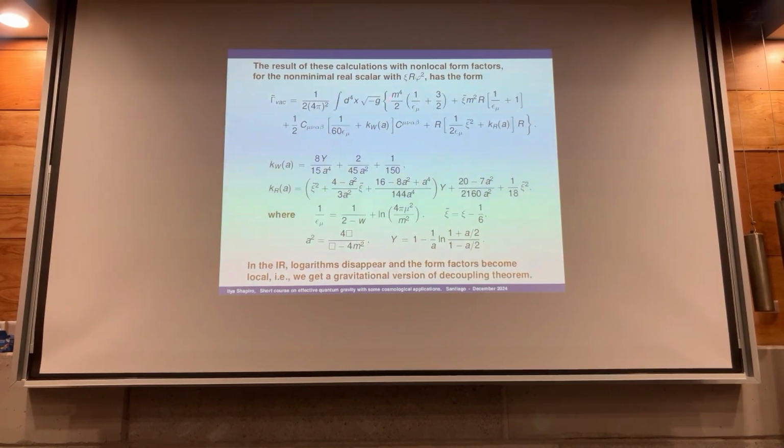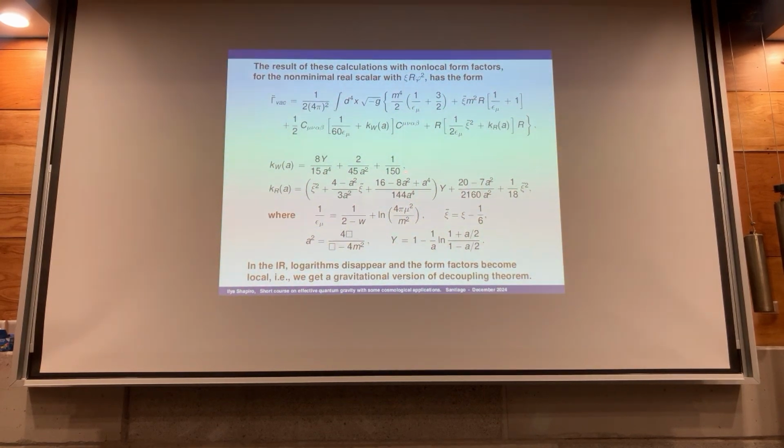Then we have divergences in the cosmological constant term, divergences in the Einstein term, R. Then we have here again a divergence. But in the last two cases, there are also form factors with the same y. Remember that y has a logarithm. Okay, this is the y. And this ξ tilde means ξ minus 1/6. It is, for a scalar field, the non-minimal parameter.